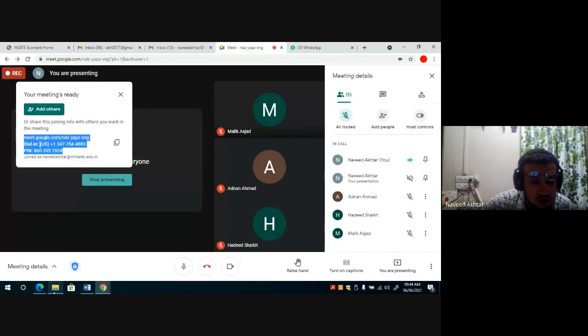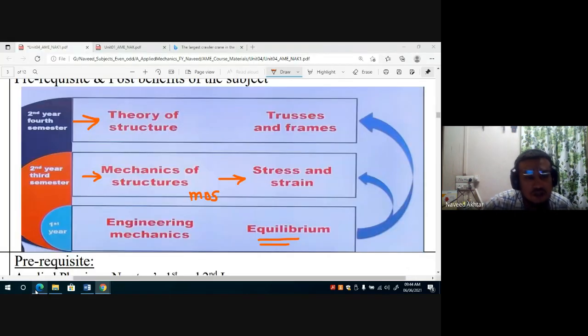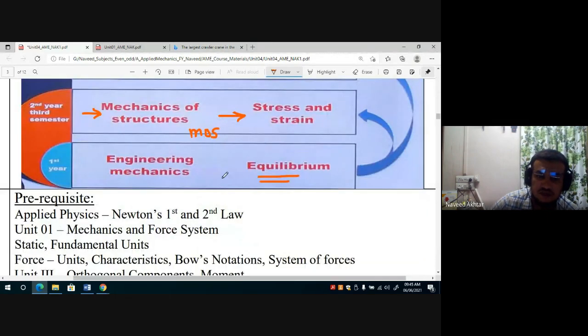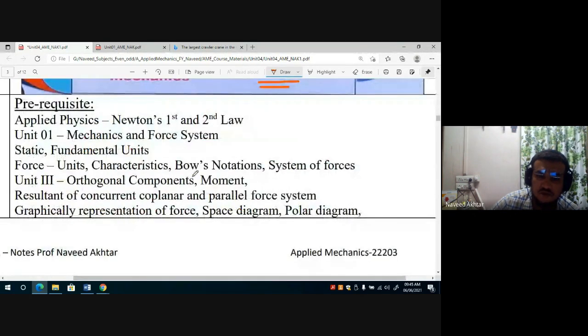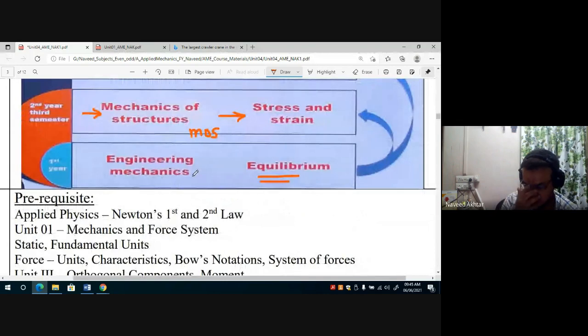So the benefits of these subjects, mechanics of structures and theory of structure, you will learn. This is for the civil engineering branch, and they will learn this engineering mechanics equilibrium, and that is useful for the subjects for mechanical, theory of machines, maybe that is useful later on to you, and design of machine also.